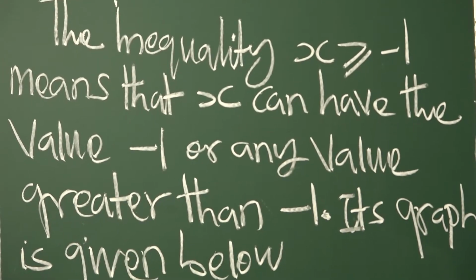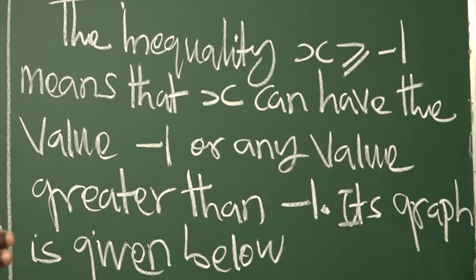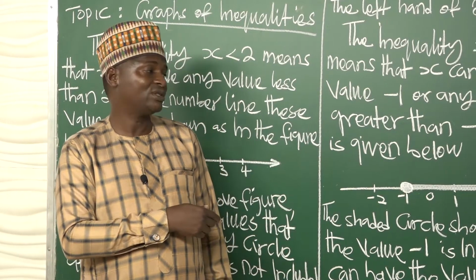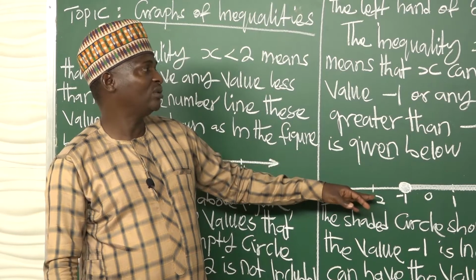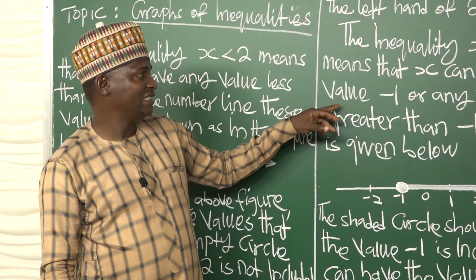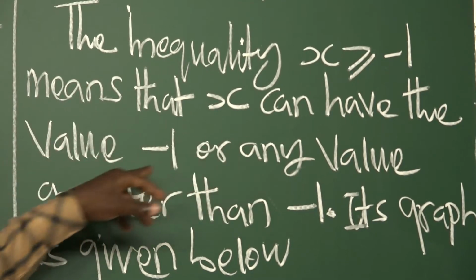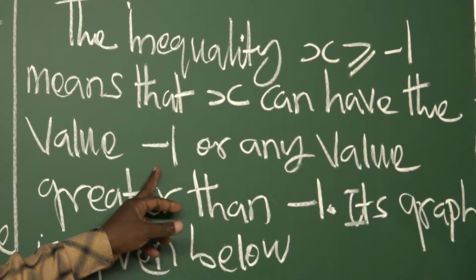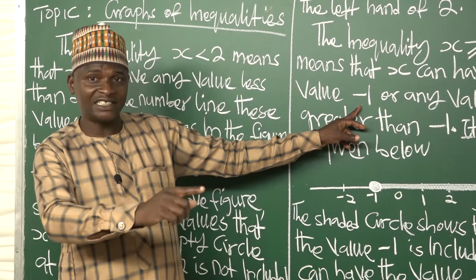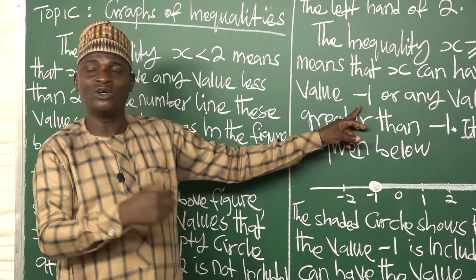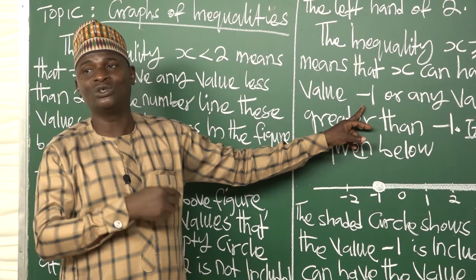We say on the number line, moving to the right, you get numbers that are greater than the number in question. So we have greater than or equal to minus 1. This inequality means that x can have the value minus 1 because of that equality sign. So that is why minus 1 is now included, not as in the other case where we say 2 is not included.